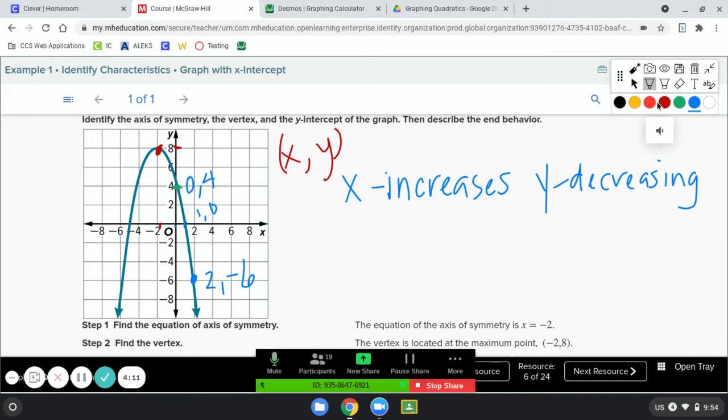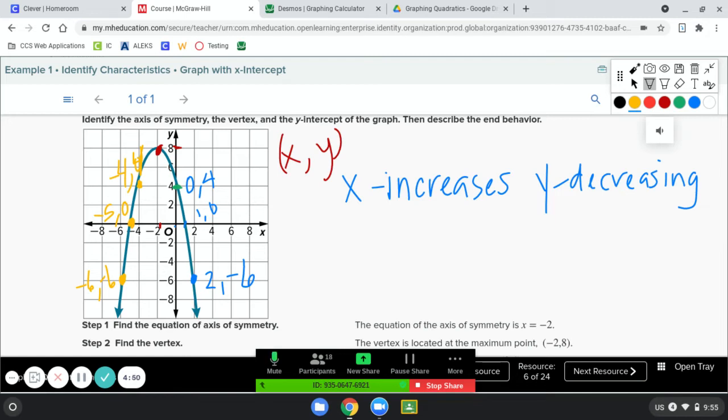And then if we look at going the opposite way, if we start here, the x value is -4, the y value is 4. Here, the x value is -5, the y value is 0. And down here we have -6, -6.